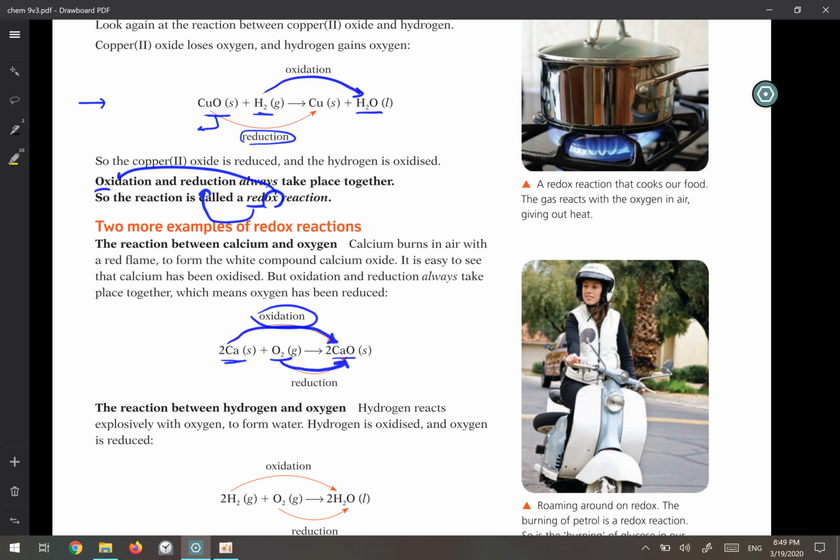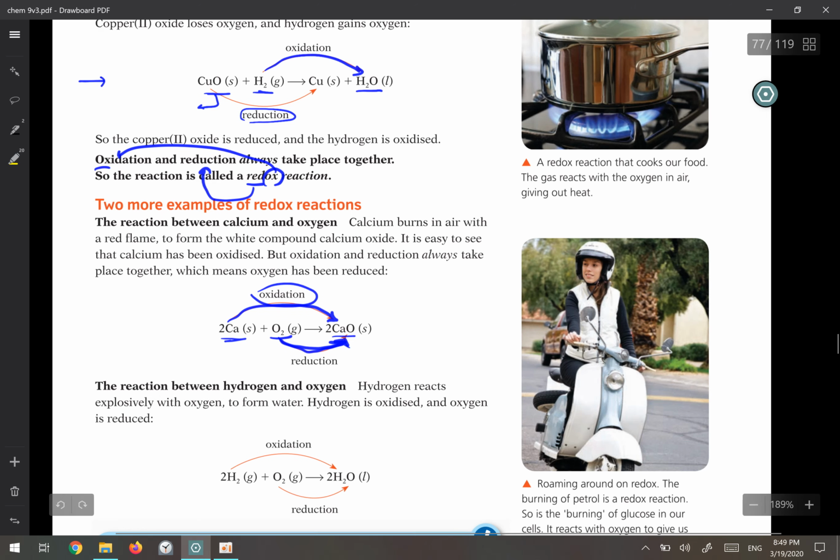It's not very clear how it is reduction, but since the calcium obviously oxidizes to CaO, we can say the oxygen is reduced. Later on we will have another definition for oxidation and reduction, so this problem will be solved.